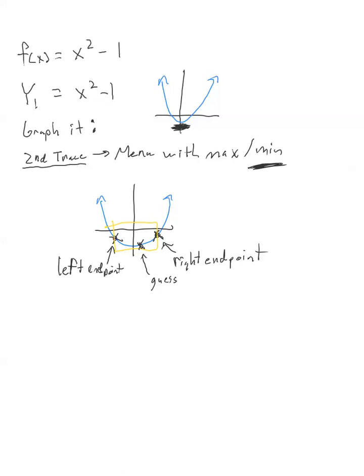Once you hit everything right, it will spit out an X value and a Y value at the bottom of the screen. In this case, your calculator should say X is equal to 0 and Y is equal to -1. Well, earlier when we did it manually, we said this critical value is 0, and when you plug 0 into your function, you get -1, and our calculator was able to do that all on its own. So our calculators are very smart.